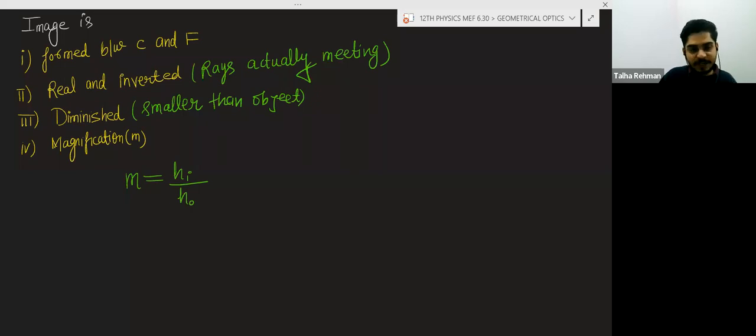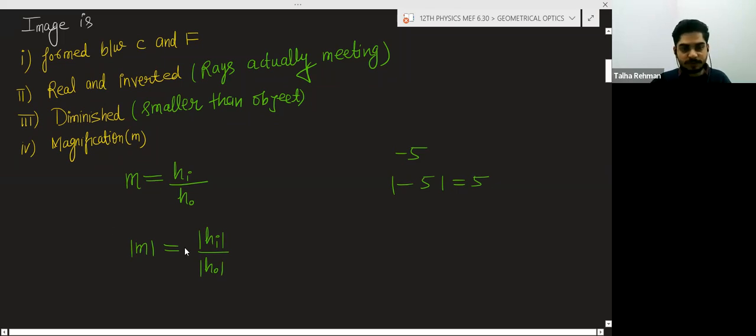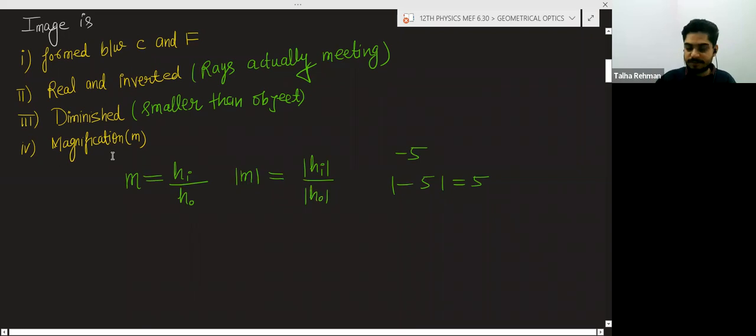Talking about only the magnitude of the magnification, mod m is equal to mod of height of image divided by mod of height of object. Mod means if I am writing -5, so mod of -5 is equal to 5. So this mod is basically representing only the magnitude or the numerical value. So this point should be noted.